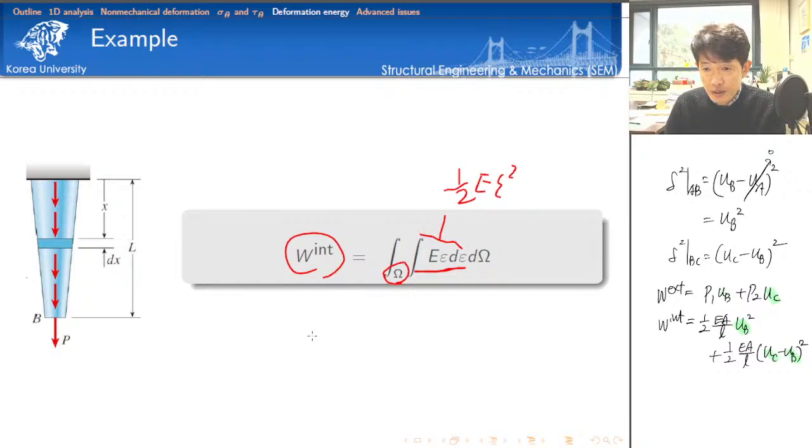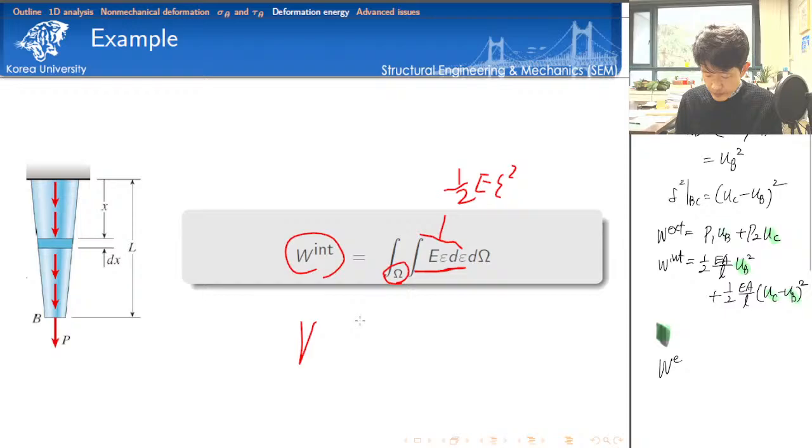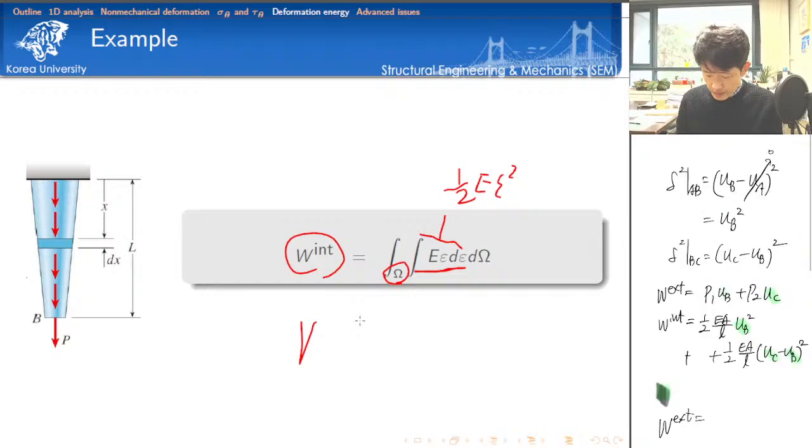And how about the external work? For such a problem, the external work is given by the following. Let's say this is force p, the force per unit distance.